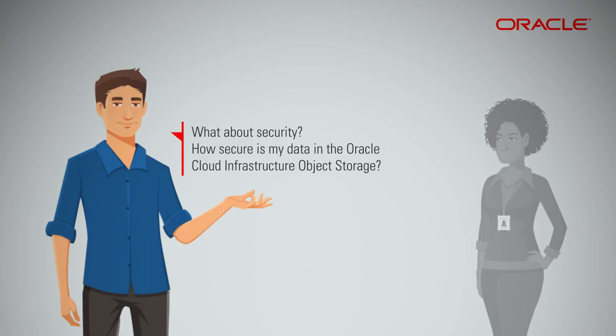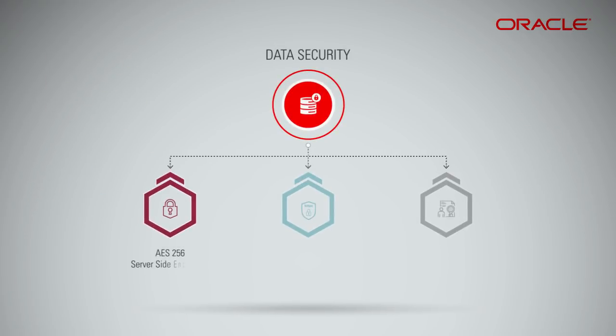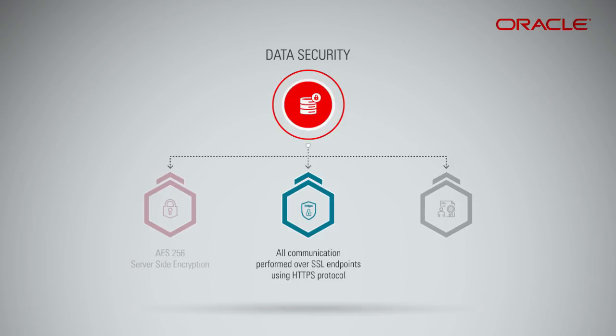What about security? How secure is my data in the Oracle Cloud Infrastructure Object Storage? Object storage supports server-side encryption. All data stored in object storage is automatically encrypted. Data is uploaded and downloaded from object storage over SSL endpoints using the HTTPS protocol.